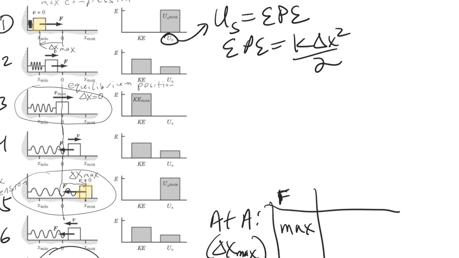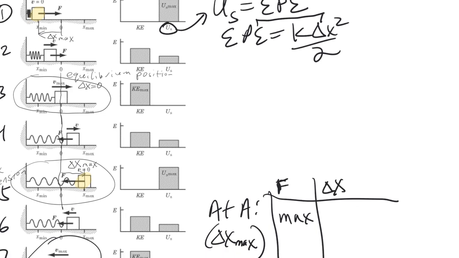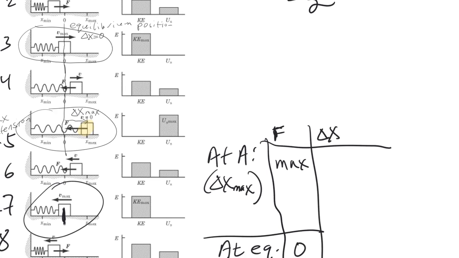Where is it maximum? Well, isn't it when the spring is most stretched out or most compressed, with the biggest delta X? So the delta X is greatest, and we can look at this, F equals K delta X. Delta X is greatest when the force is greatest, so I can fill that in right there.